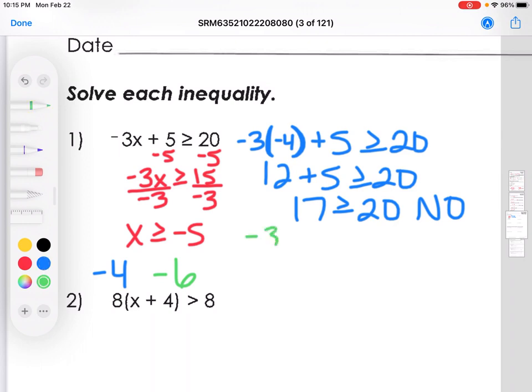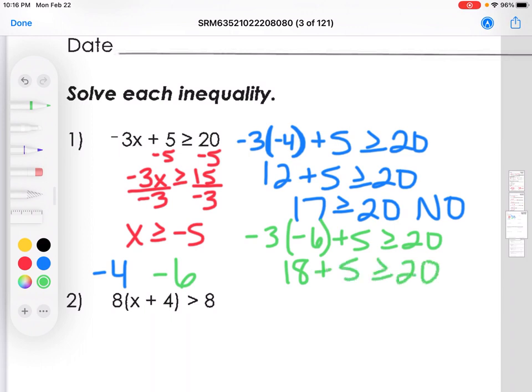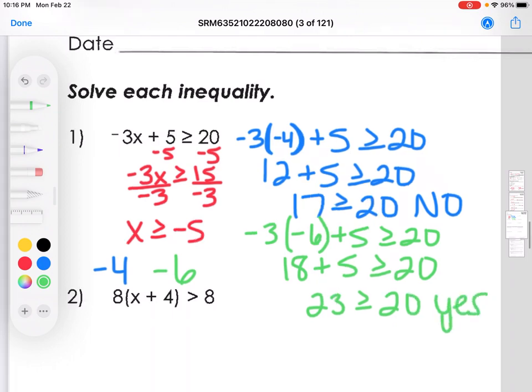So I have negative 3 times negative 6 plus 5 is greater than or equal to 20. Negative 3 times negative 6 would be positive 18. Plus 5 would be 23. And is 23 greater than or equal to 20? Yes.